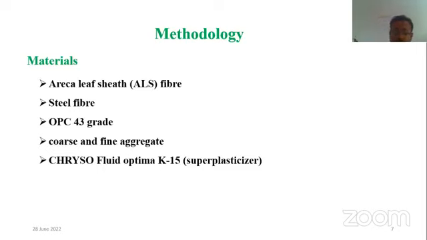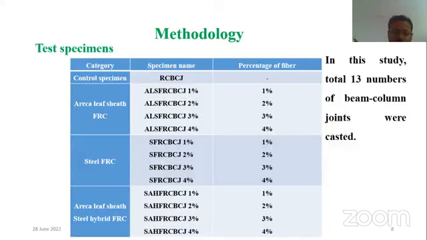Okay, sometimes you can see the concrete mortar segregate from the coarse aggregate. If we use this Chryso Fluid Optima K15, it will resist the segregation of the concrete mortar from the coarse aggregate. This is a very useful super plasticizer.